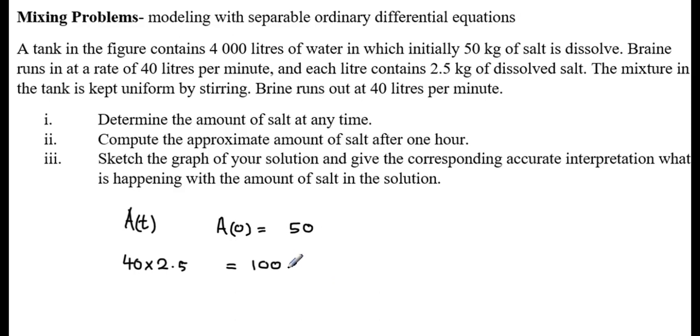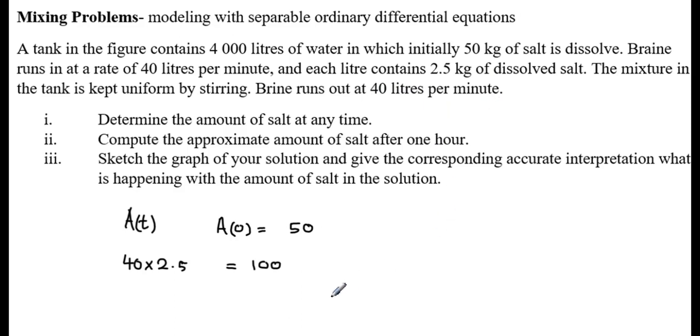kgs of salt. And then on the other hand, we're told also that this salt solution is kept uniform, is well mixed by stirring, and the solution is pumped out at a similar rate of 40 liters per minute. So what we've got here is the flow-in rate, and the flow-out rate is 40 liters per minute.